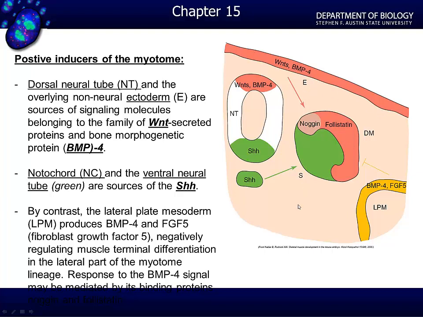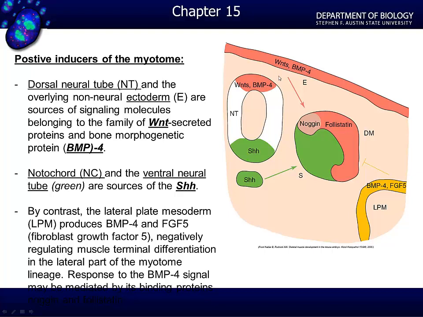And from all of the literature that's been accumulating, putting this together in this picture, we see that the dorsal part of the neural tube, as well as the overlying ectoderm, they've painted these orange because these are going to have positive influences. And these are going to express, again, that Wnt family that we talked about back in our skeletal chapter, and bone morphogenetic protein.